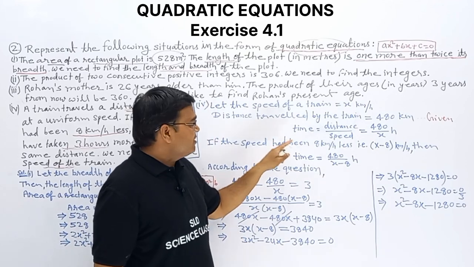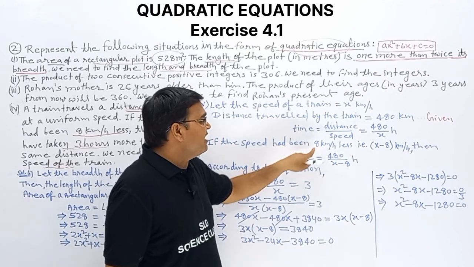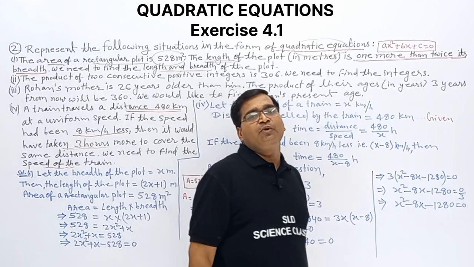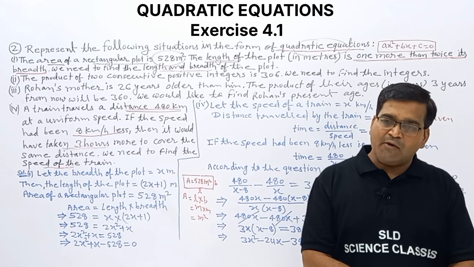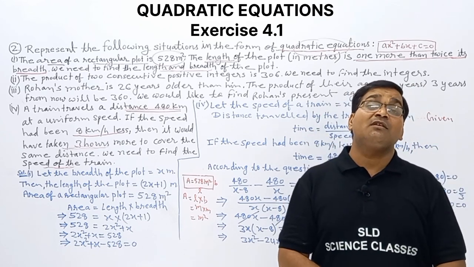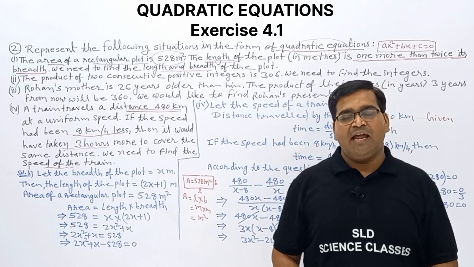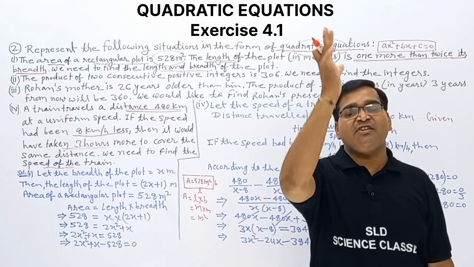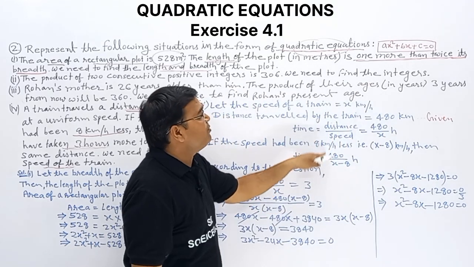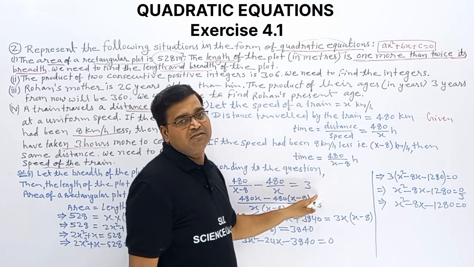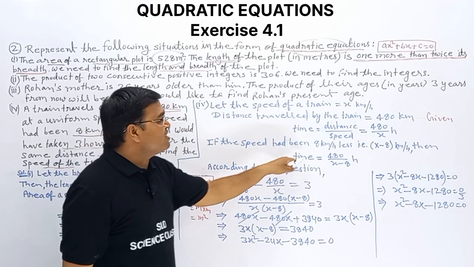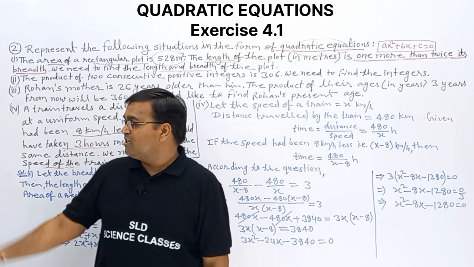Now speed is reduced, then time is this one. It means one part we are traveling at one speed, the same path we are traveling with another speed, and the difference is what? 3 hours more. So we will subtract this minus this one, equal to 3 hours. Clear? So as per the question, this minus this one will be 3. It is given in the question.